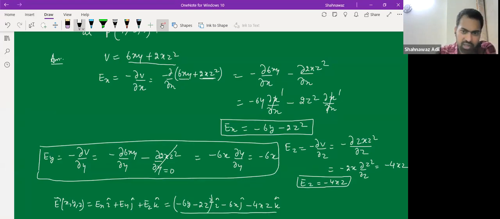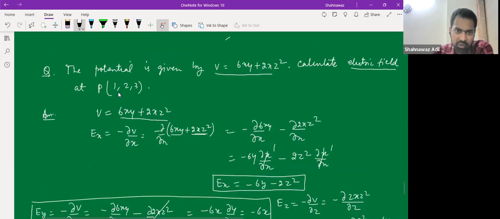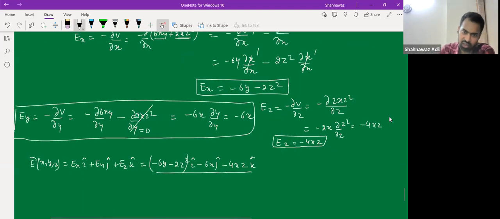But they want us to calculate the electric field at which point? This point. So this is x, this is y, this is z, right, guys? So the values of x, y, z are given. So we can put the values in here, and we will get what? So y is 2, so minus 12, and minus 2 into 3 square.